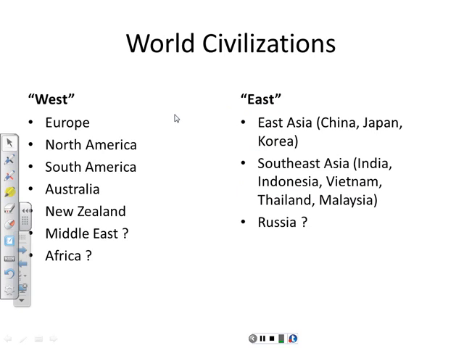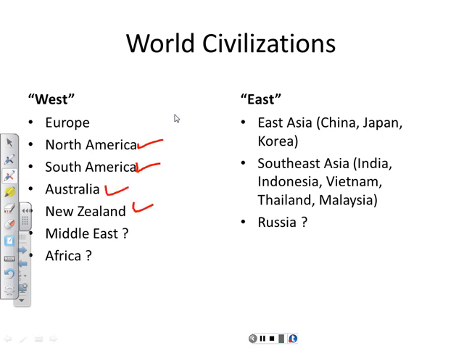When we talk about the West, we're talking about civilizations that were organized in Western and Central Europe, like Great Britain and Germany and France and Italy. And of course that culture influenced the civilizations and the culture of North America and South America.